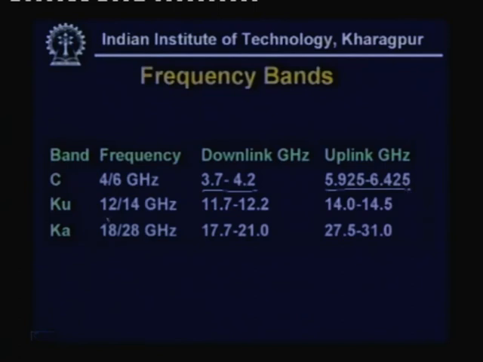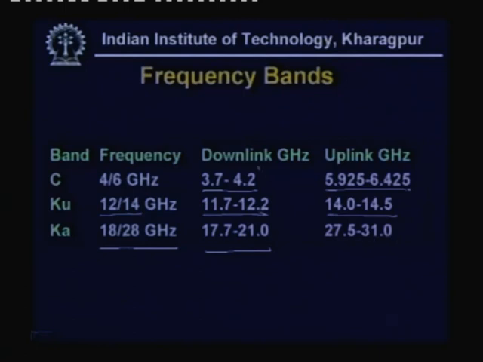Similarly, for Ku band, this is 12/14 gigahertz band, and as you can see here, the downlink frequency is 11.7 to 12.2 gigahertz, and uplink frequency is from 14.0 to 14.5 gigahertz. Similarly, there is another frequency band that is known as Ka frequency band, which is in the range of 18/28 gigahertz. The downlink frequency is 17.7 to 21 gigahertz, and uplink frequency is 27.5 to 31.0.